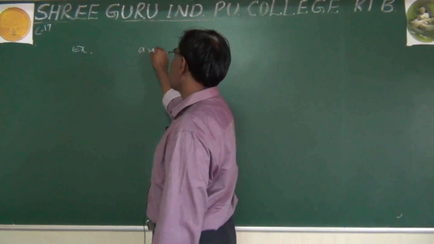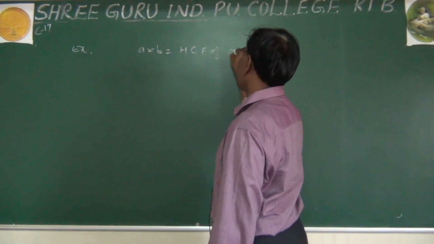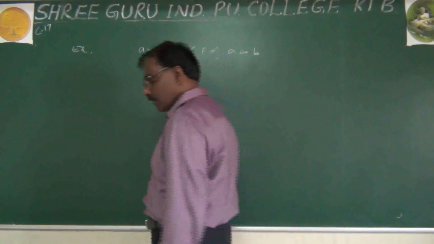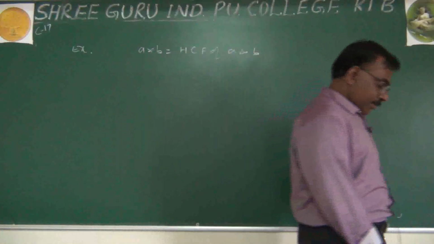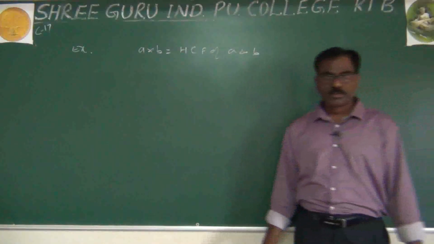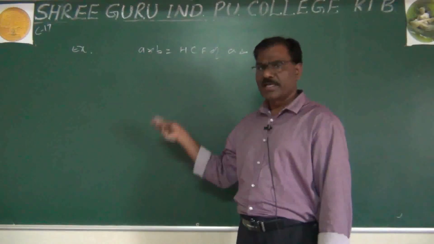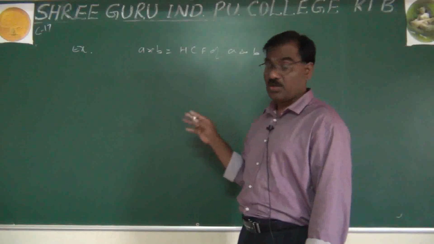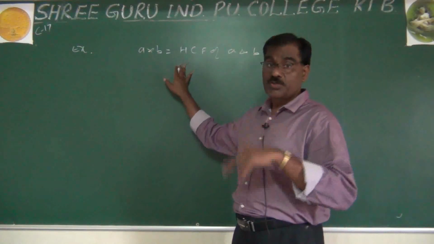Now A star B equals the HCF of A and B. I'll prove whether identity and inverse exist or not, but at least you can write 2 laws, commutative and associative.